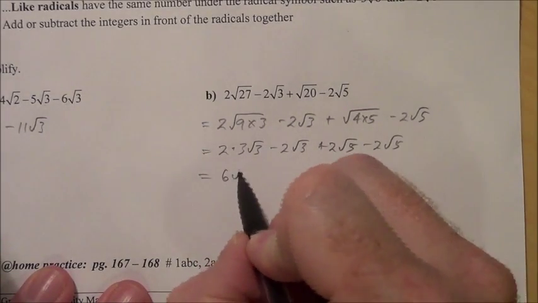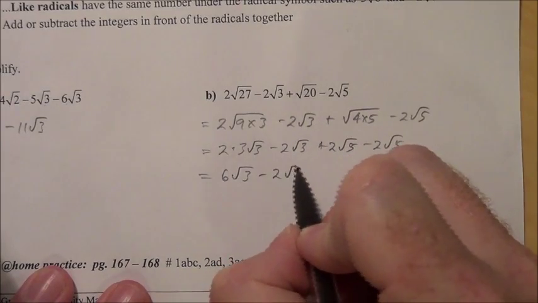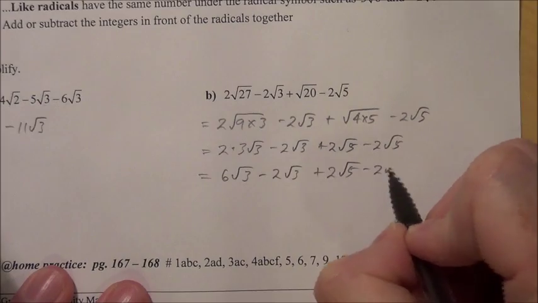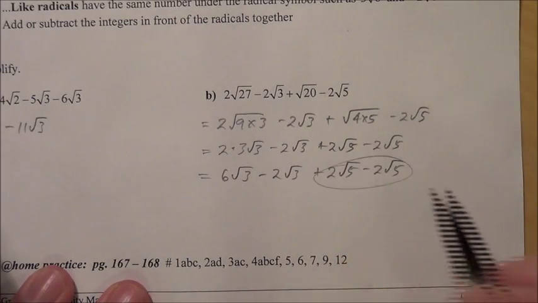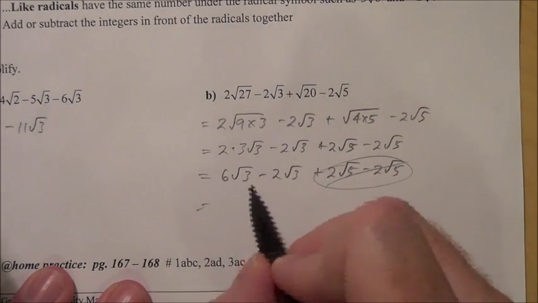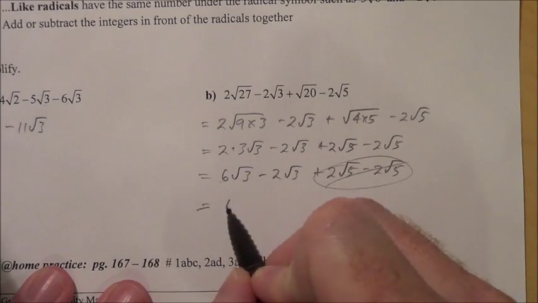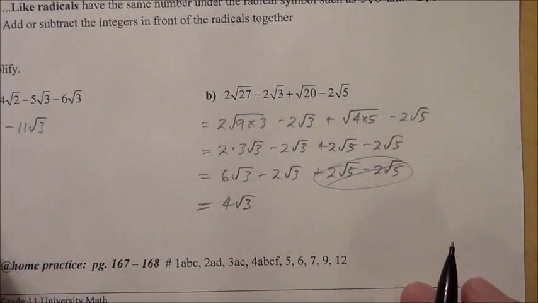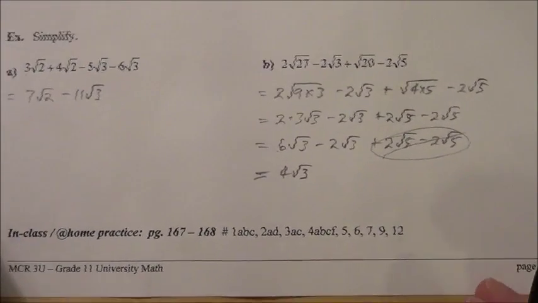And then this gives us 6 root 3 minus 2 root 3 plus 2 root 5 minus 2 root 5. There's a bit of a zero pair, that's gone, and then 6 minus 2 is 4 root 3. And like they say, Bob's your uncle.